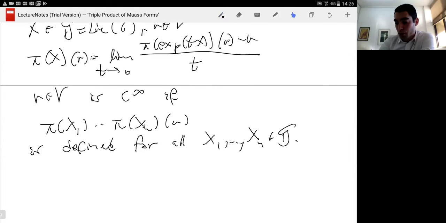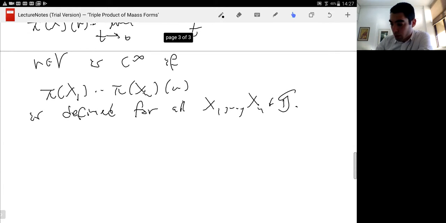So if I'm only interested in those C infinity elements, then I obtain a representation of the Lie algebra. Well, one might ask, are there even such elements? Are there many of those? Well, it turns out that C infinity is dense. In Harish-Chandra's notation, it is usually denoted by V infinity. This is a property of admissible representations.